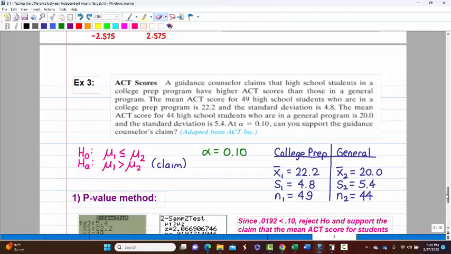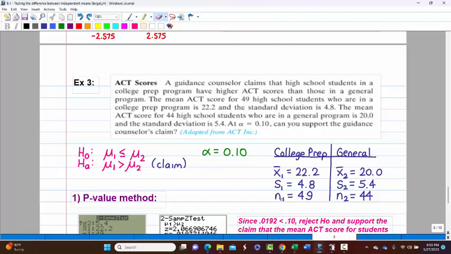Okay, a guidance counselor claims that high school students in a college prep program have higher ACT scores than those in a general program. So we'll treat the college prep as group 1, as I've labeled down here because it was the first thing we saw, and the general is group 2. I won't read all the numbers, so I copied them here. 22.2 is the mean for the college prep. Standard deviation is 4.8.